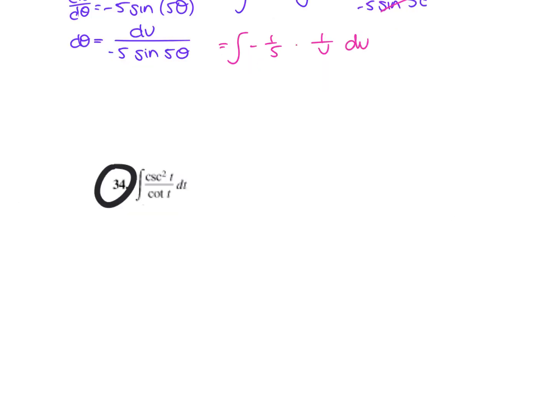34 is a question where if you recognize u prime over u, it will make your life a lot easier. If I think about my cotangent as my u, the derivative of cotangent is negative cosecant squared. And so this is one where if you do just a little manipulation here, if you want your derivative to show up on top, I need that to be negative.